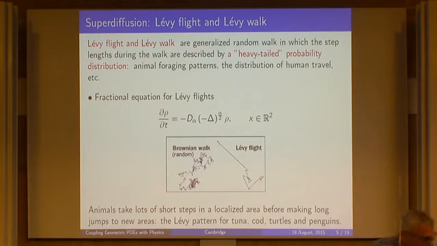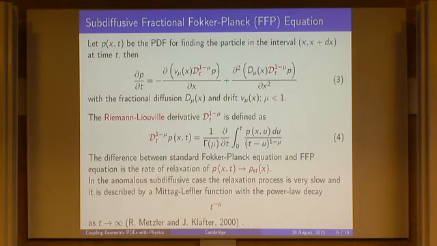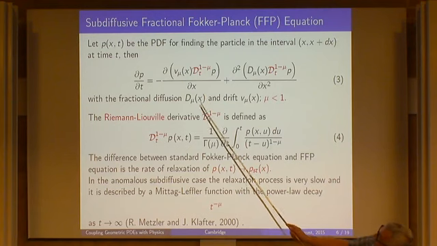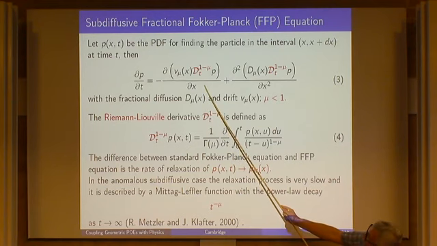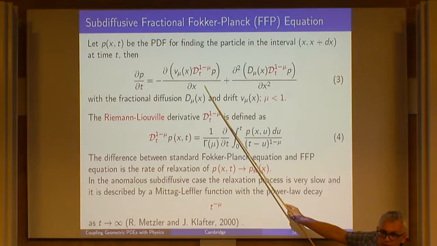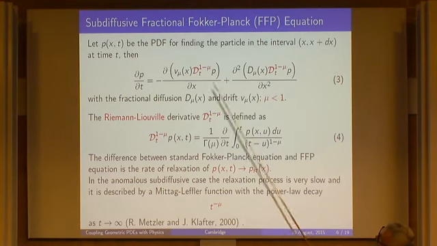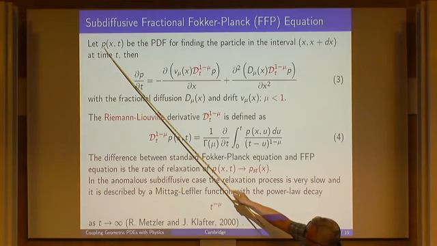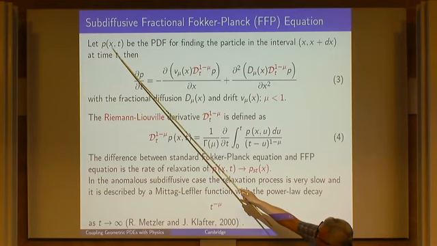Anyway, today I'm going to talk mostly about subdiffusion, although I'll mention Lévy at the end. Now about mathematics. Of course, if we have subdiffusion, we need a basic equation for subdiffusion. And this is the standard fractional Fokker-Planck equation for subdiffusion. Let me explain term by term. We introduce the function p, a function of position and time.